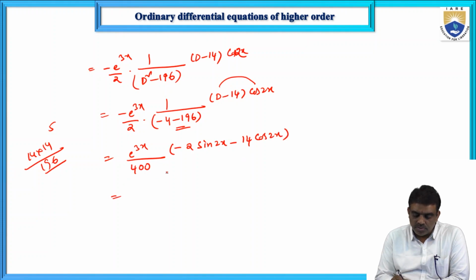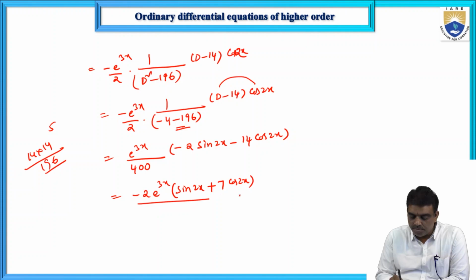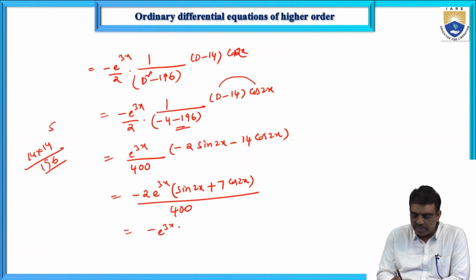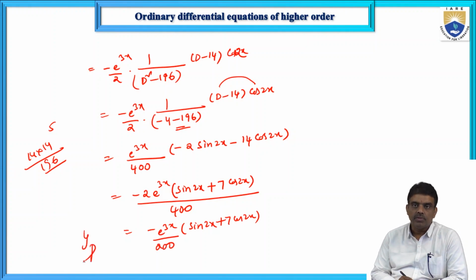This is equal to, taking minus 2 outside, minus 2 e power 3x into sin 2x plus 7 cos 2x by 400, or minus e power 3x by 200 into sin 2x plus 7 cos 2x. This is yp. So check it out.